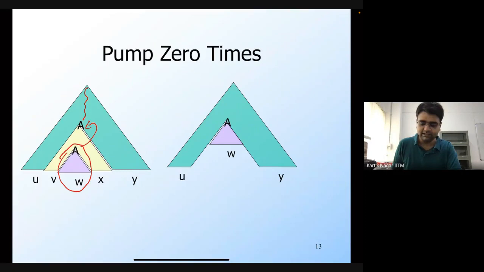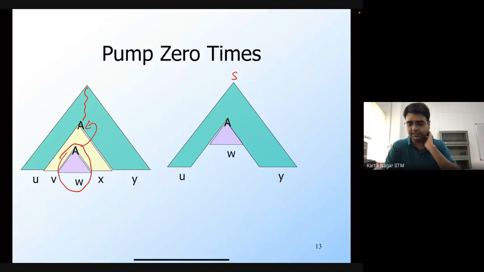So this means that if I can substitute the lower A for the higher A, then the resulting string that I get is u, w, and y. So u and y are still present. u and y is whatever I derived from S, but which did not include this substring that was derived from the higher A. From the higher A, I derived v, w, x, and everything else that is derived from S, I have denoted by u and y.